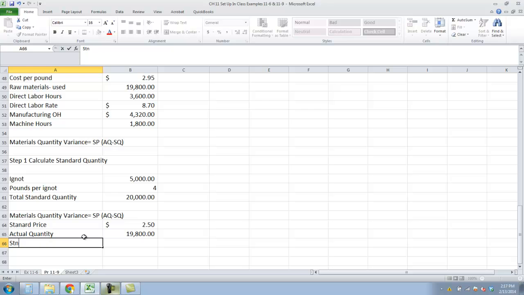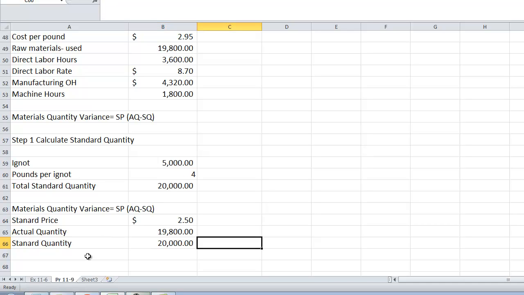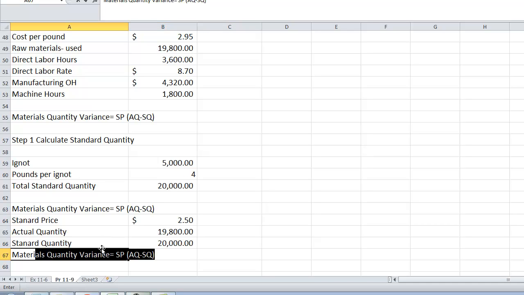Standard quantity, which we calculated, is 20,000. And now we have our materials quantity variance.